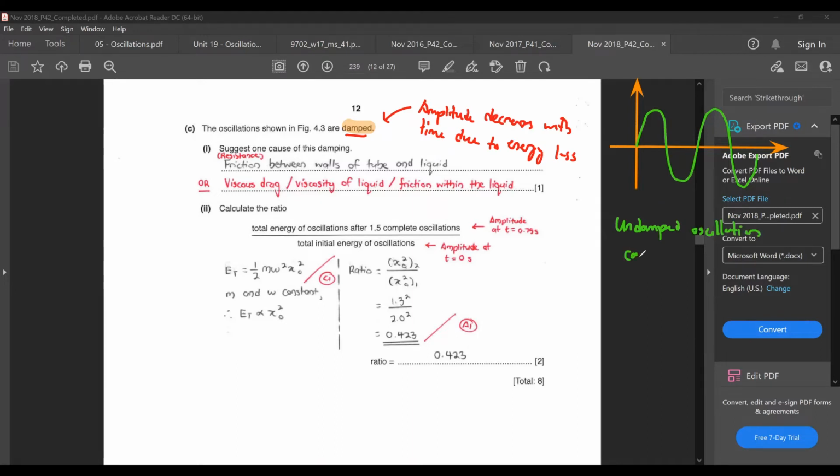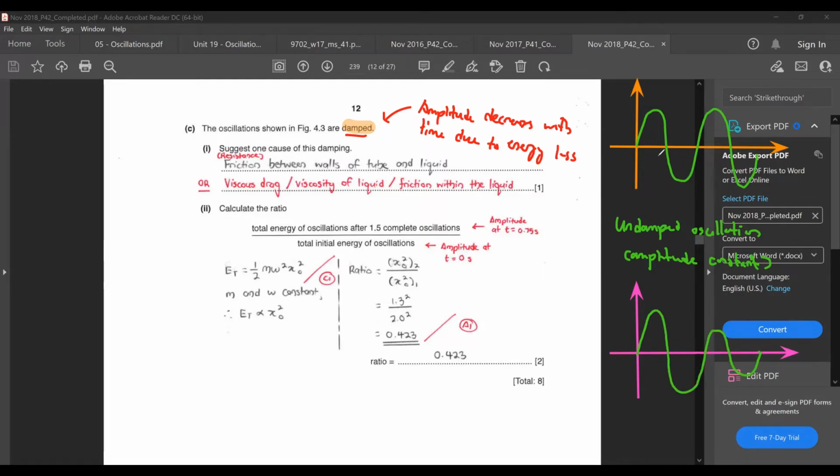The amplitude is constant. When you have damped oscillations, this same graph would probably look like this.